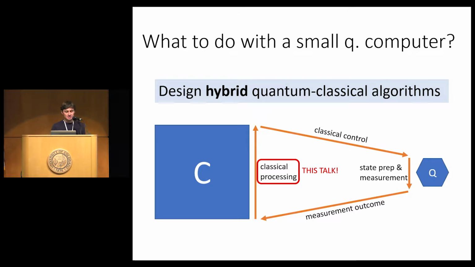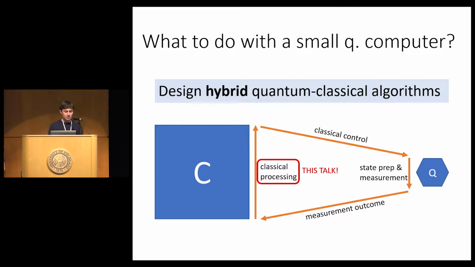So to this end, many algorithms have been proposed as potential candidates that might be suitable for such devices. And a lot of them fall into this broad framework of hybrid quantum-classical algorithms. In this setting, we have a classical computer interacting with a quantum device, and they're essentially working together to solve some optimization problem.